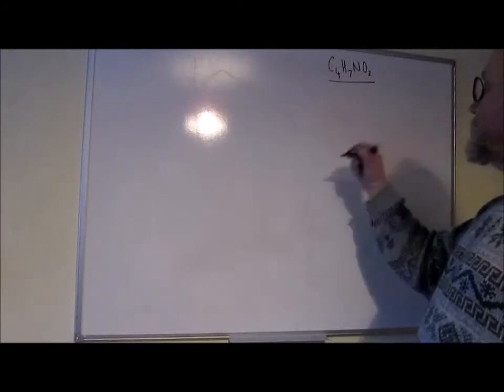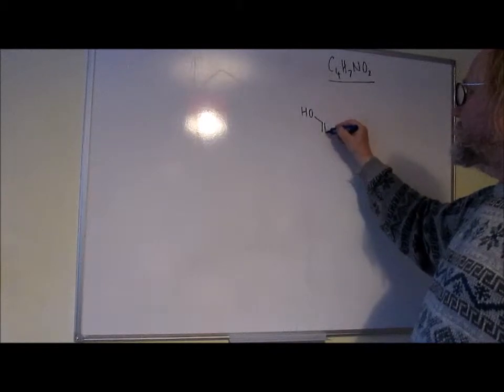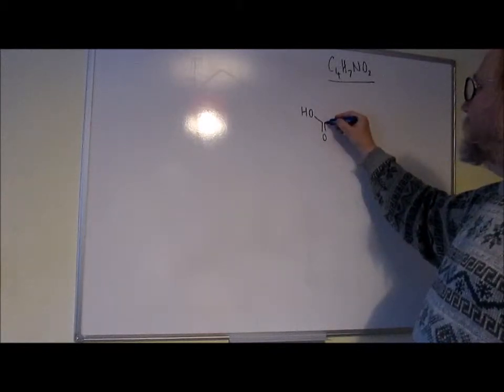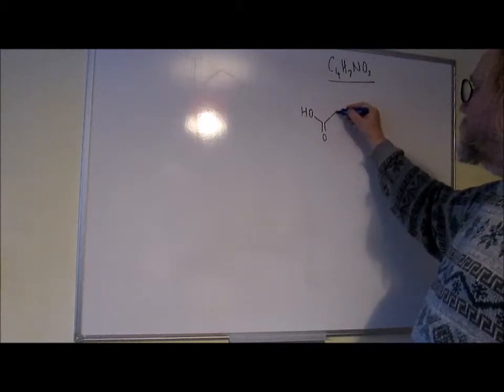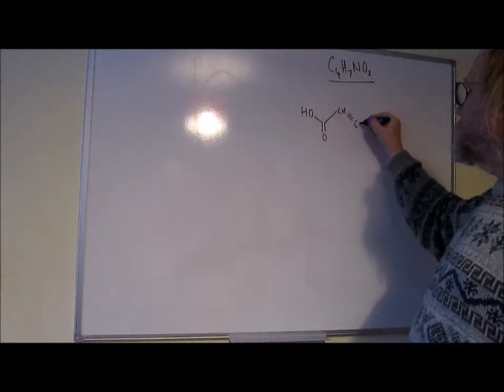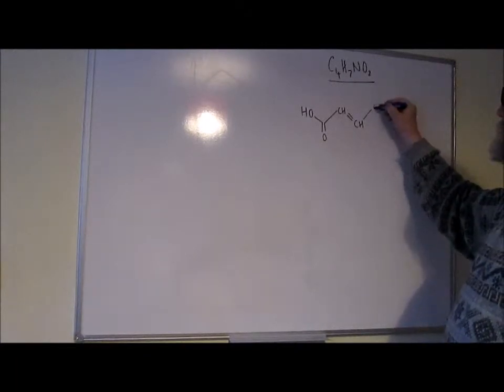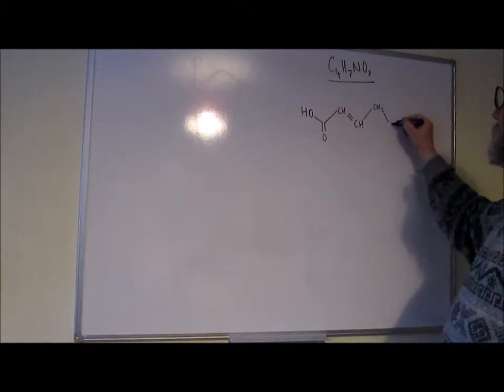Now there is actually more than one possible answer to that, which is sort of a flaw in the question really. But here is one. So if we put the carboxylic acid group at one end, and then we can put the alkene group, and then we can put CH2NH2.